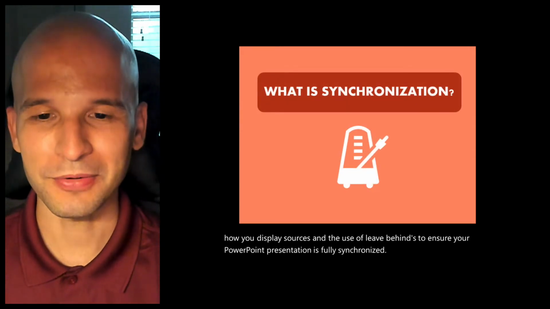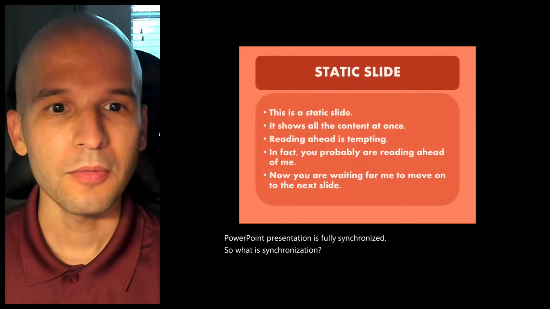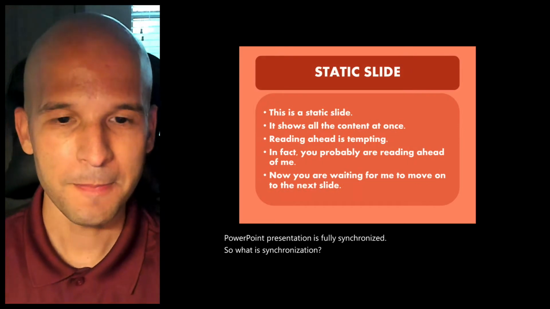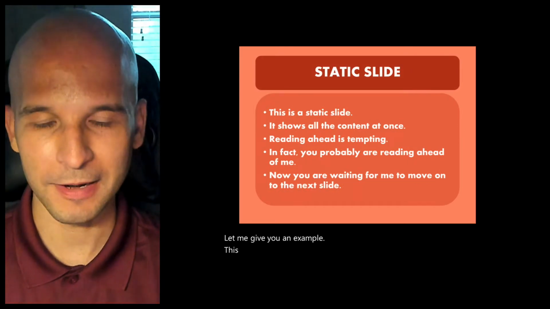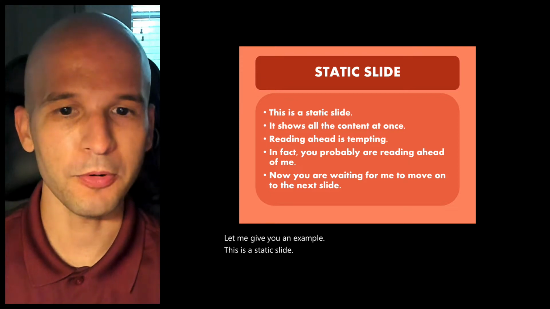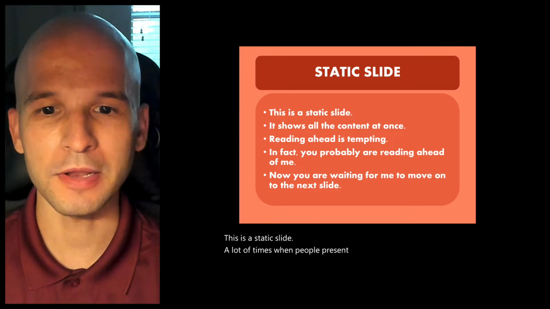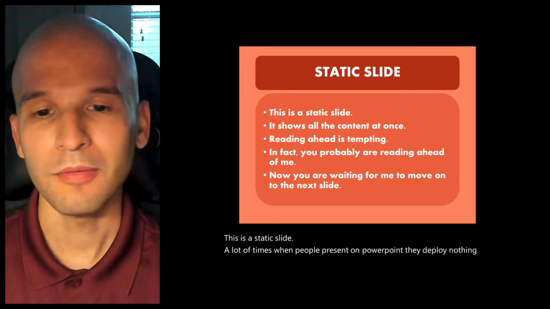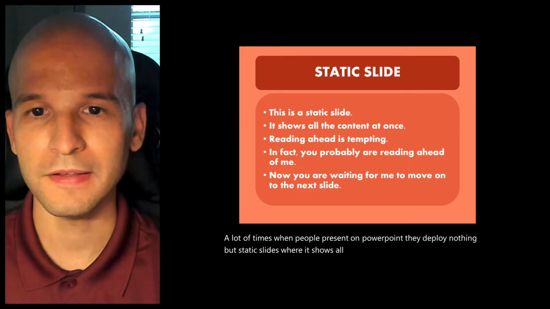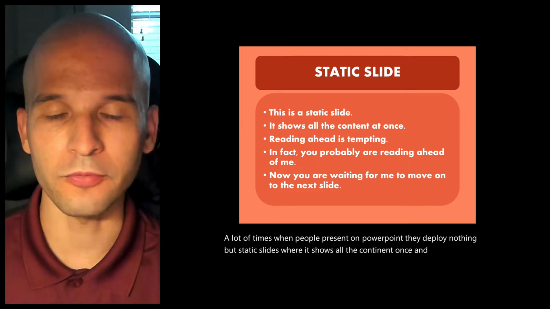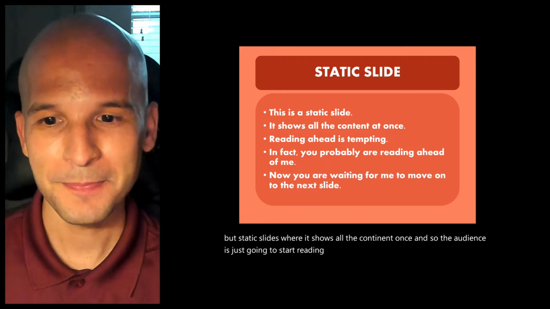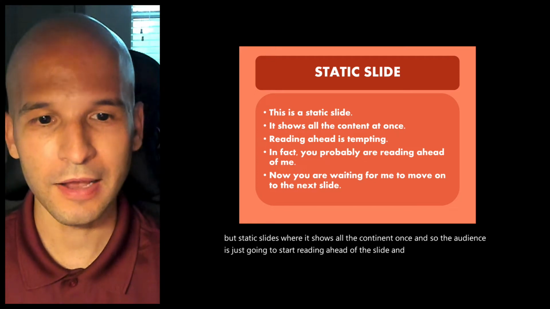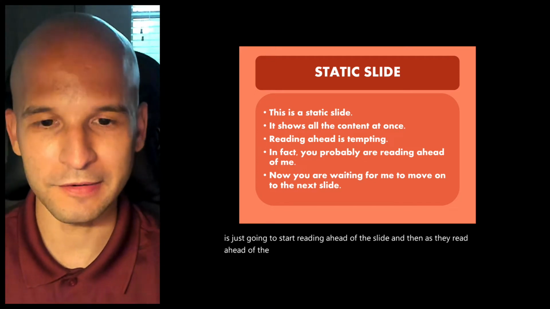So, what is synchronization? Well, let me give you an example. This is a static slide. A lot of times when people present on PowerPoint, they deploy nothing but static slides, where it shows all of the content at once, and so the audience is just going to start reading ahead of the slide. And then, as they read ahead of the slide, they stop listening to the presenter.